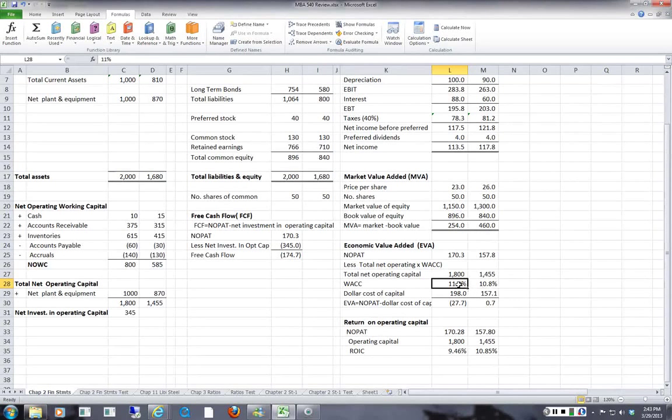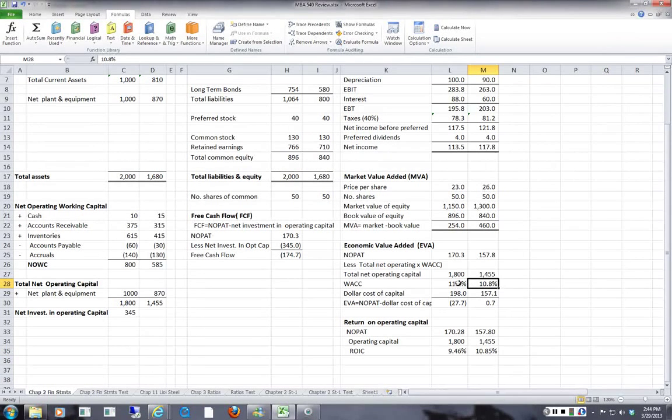So 11% times that $1,800,000 is $198,000, and that's the dollar cost of capital, and that's what the NOPAT needs to be. So the return on operating capital is 9.46. It needs to be what? It needs to be 11%. And down here in the preceding year it's 10.85%. And what does it need to be? 10.8%, so it beat that situation.